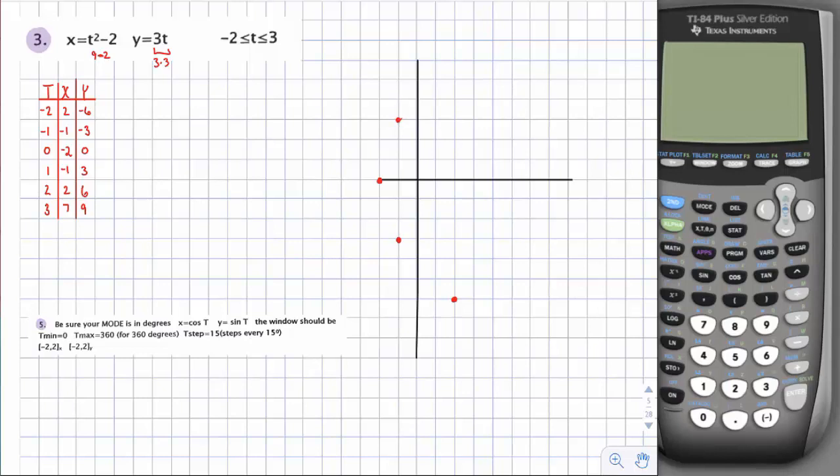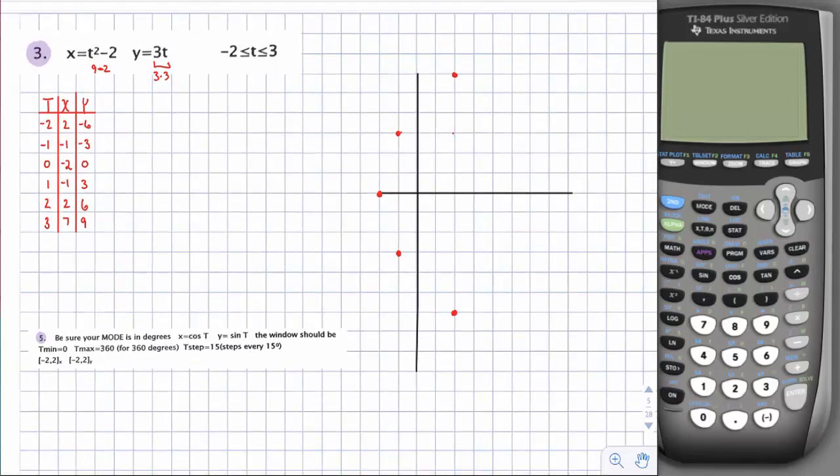And 2, 6, puts me right there. And finally, 7, 9. So 1, 2, 3, 4, 5, 6, 7, and 1, 2, 3, 4, 5, 6, 7, 8, 9. Puts me right at the top of that page. It barely fit, but I got it to fit.